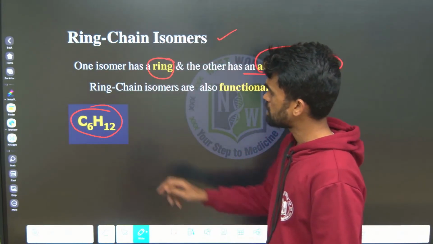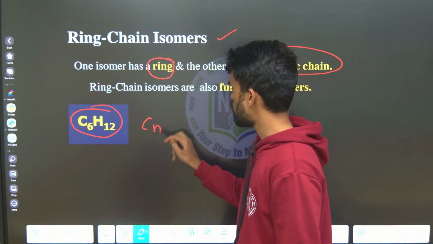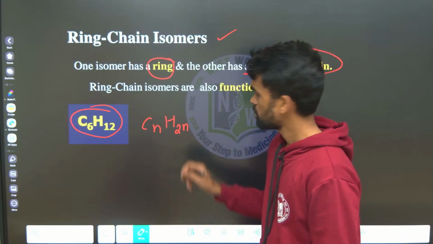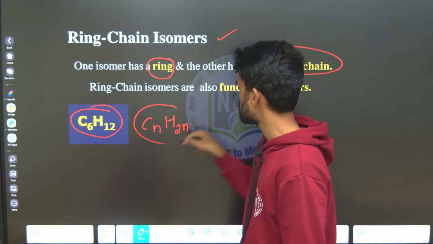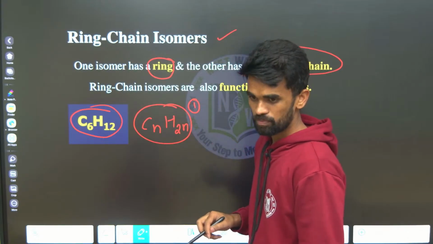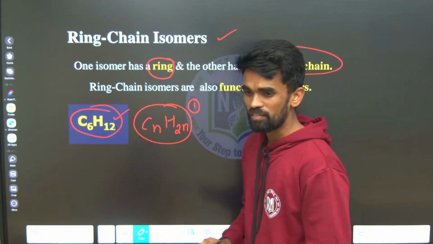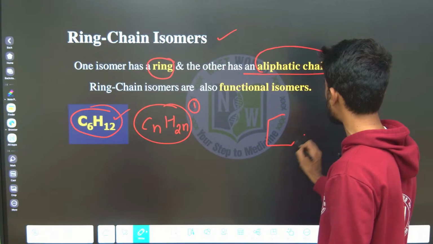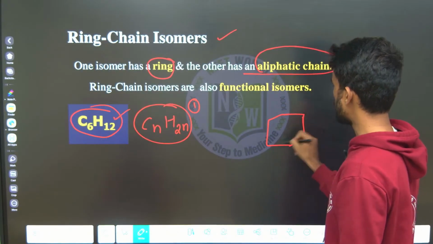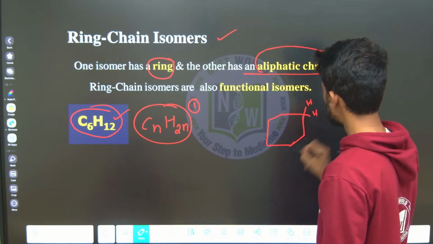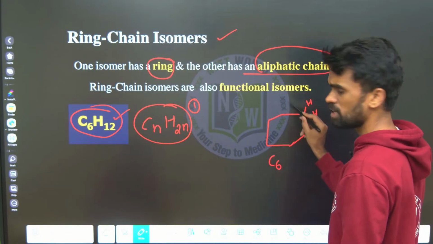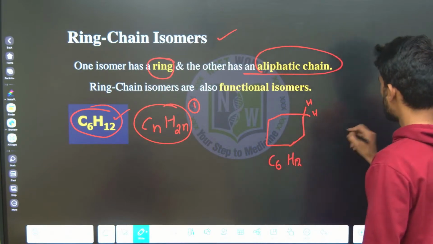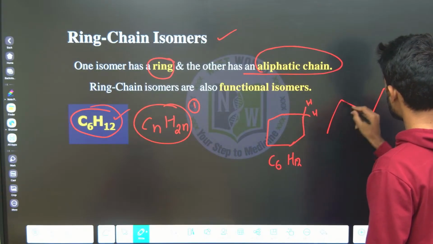For example, C6H12 is the general formula for an alkene. Alkenes have how many pi bonds? This kind of formula will have one pi bond. With the same formula, I can represent cyclohexane also. Cyclohexane has 6 carbons, and each carbon has 2 hydrogens, like this closed chain.